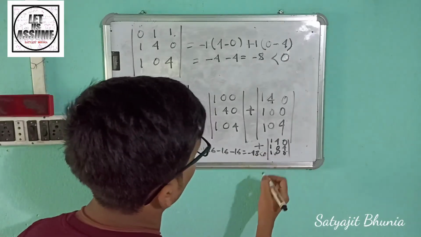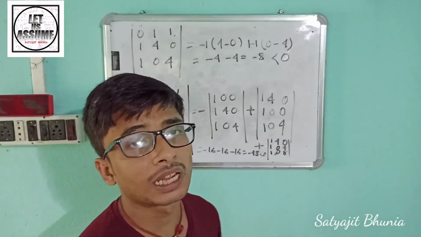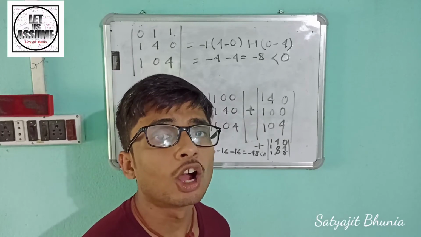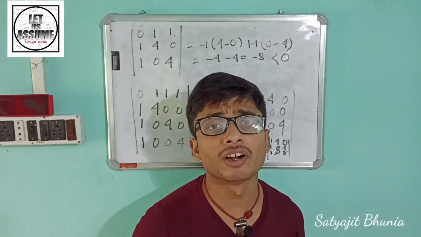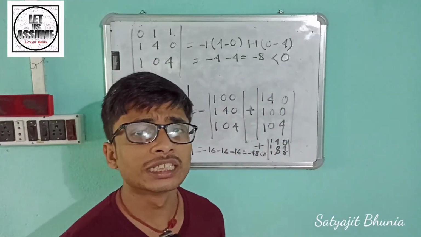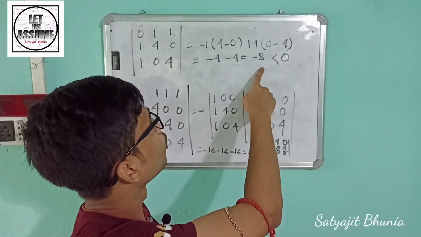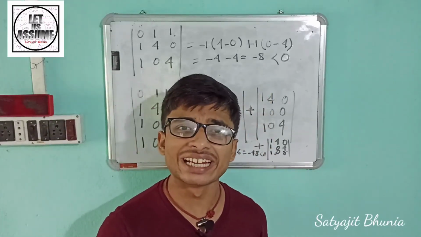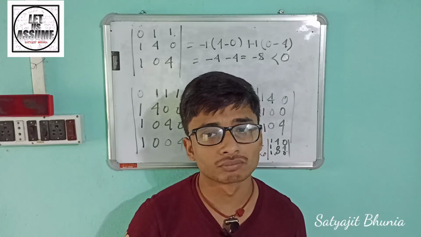So in both cases, that is the principal minor of order 3 and the principal minor of order 4, we see that the value is negative.